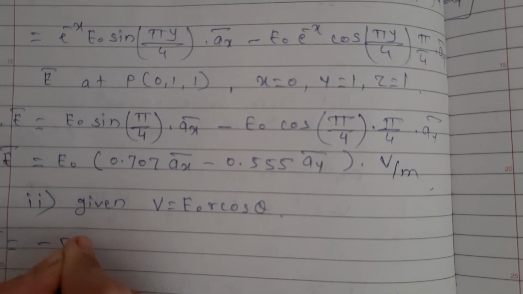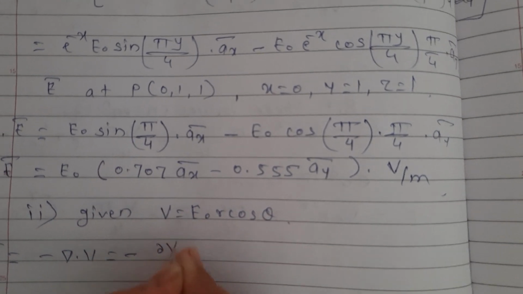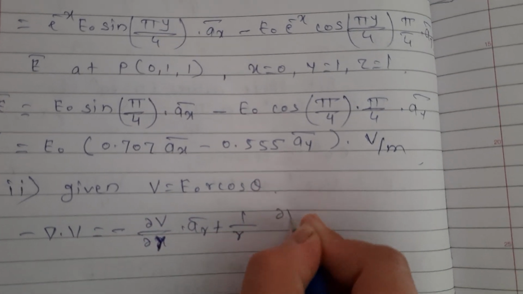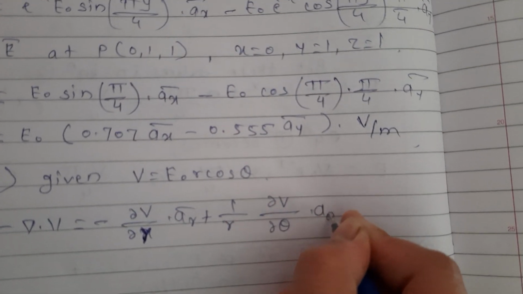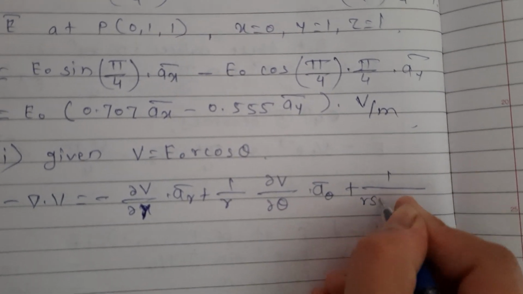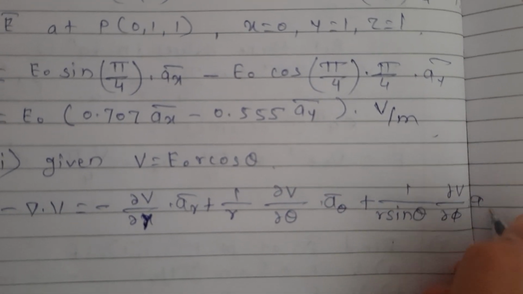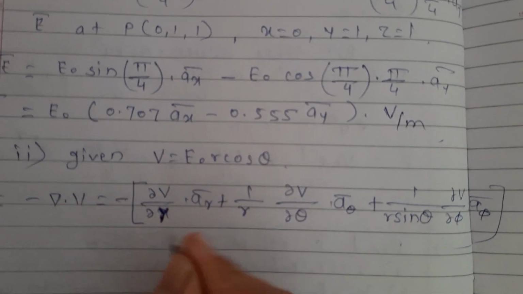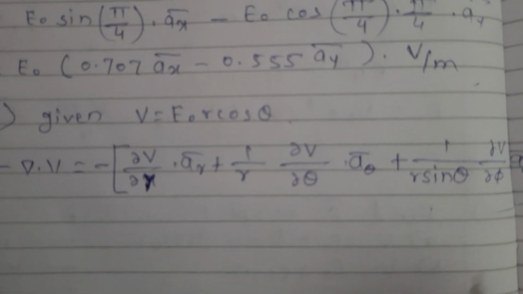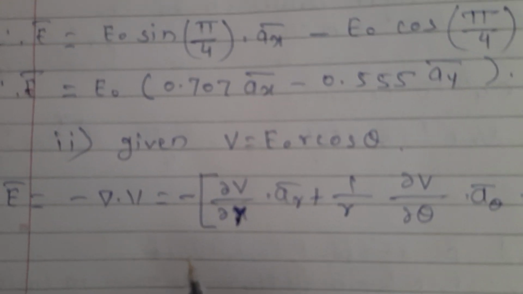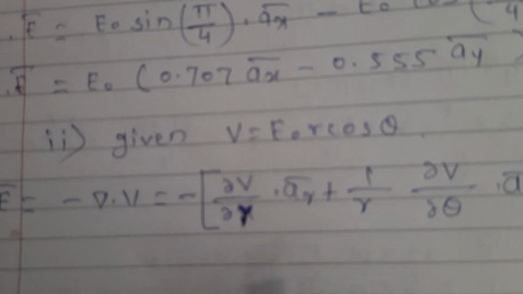E bar is equal to minus del V. In spherical it is dV by dr ar bar plus 1 by r dV by d theta a theta bar plus 1 by r sine theta dV by d phi a phi bar. This is the equation of gradient in spherical coordinate system. So we differentiate the given equation with respect to r, with respect to theta, and with respect to phi. This is equation number 7.